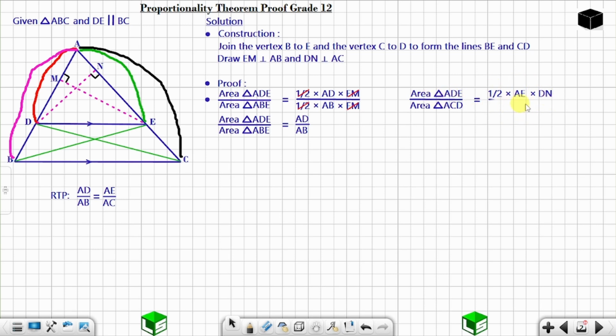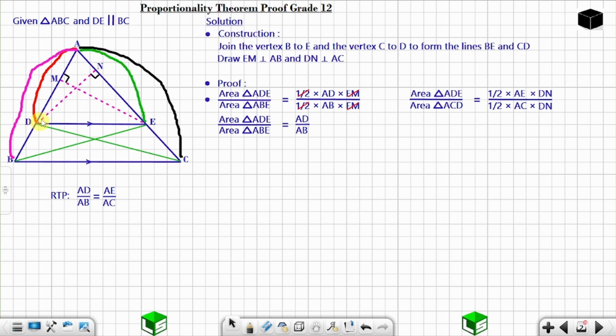Now over the area of this triangle is a half times base. For this triangle ACD, the base is AC times the height. The height is DN, because DN is perpendicular to AC.